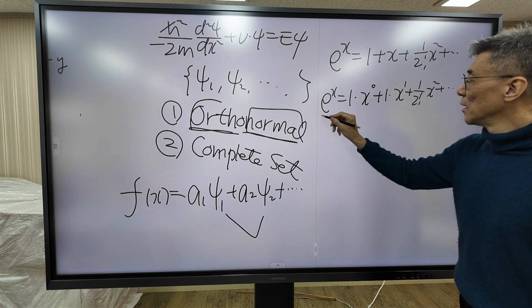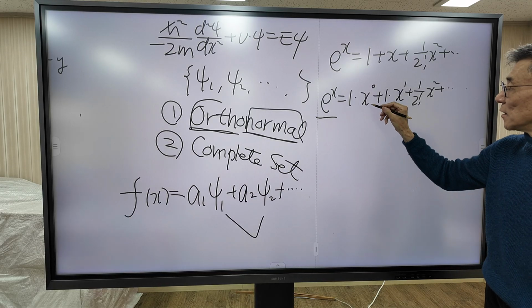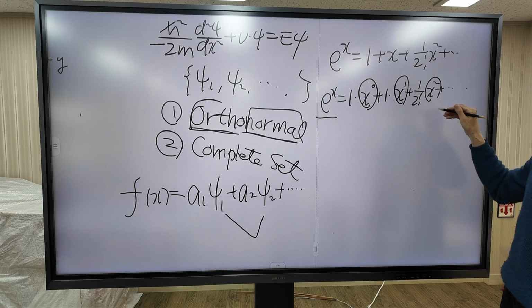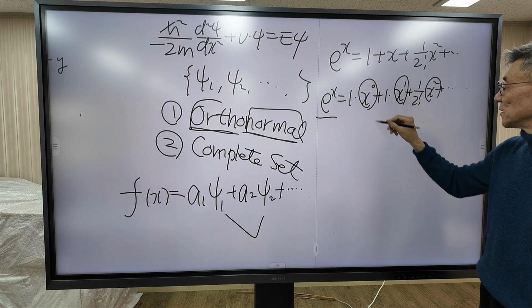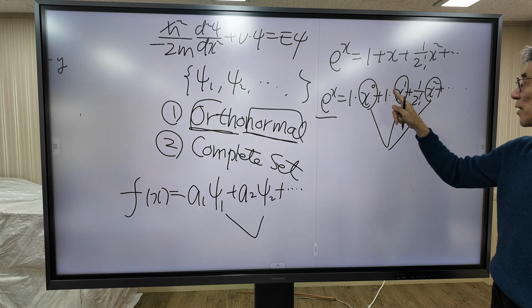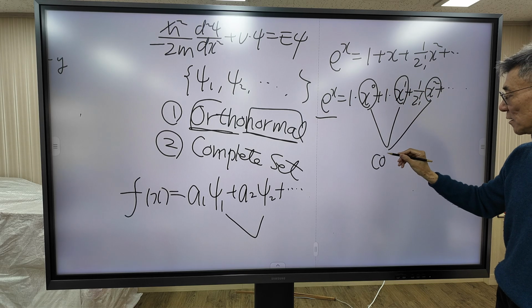According to this formula, the exponential function can be expressed as a linear combination of x to the 0, x to the 1, x to the 2, and so on. This is a sort of complete set.